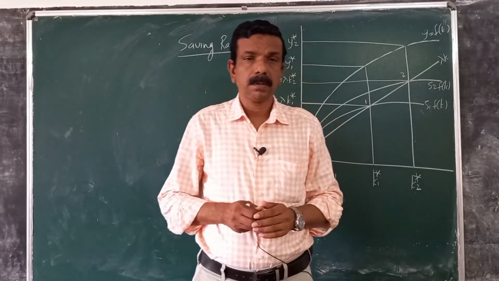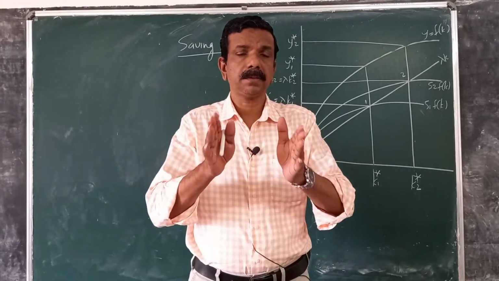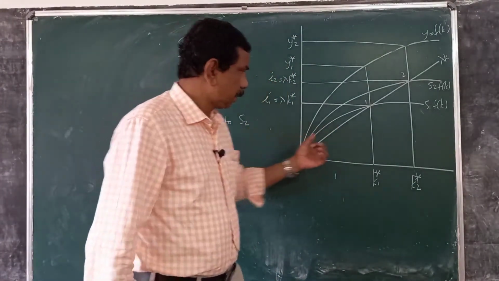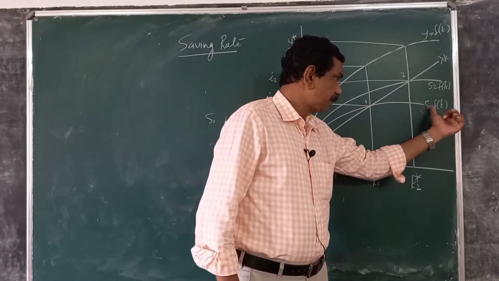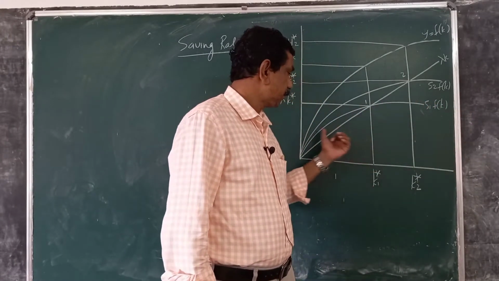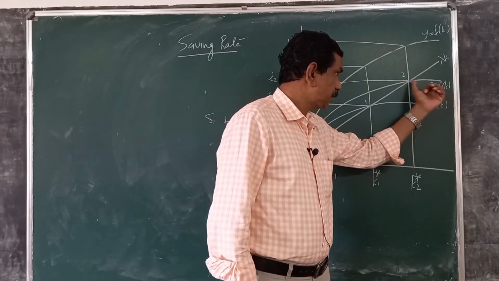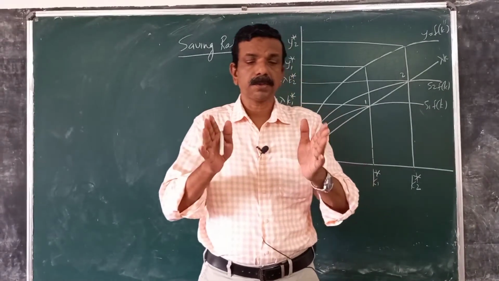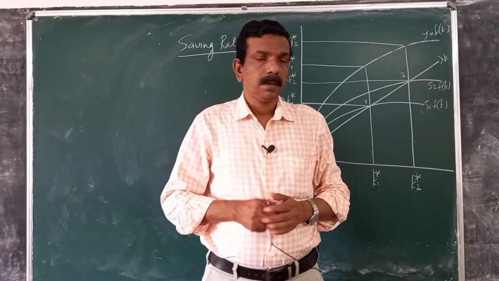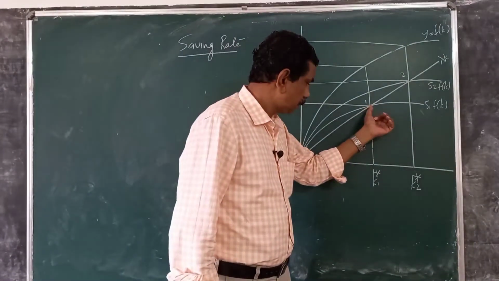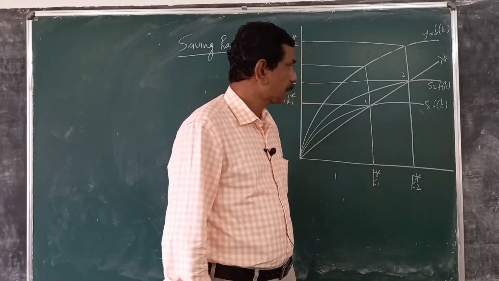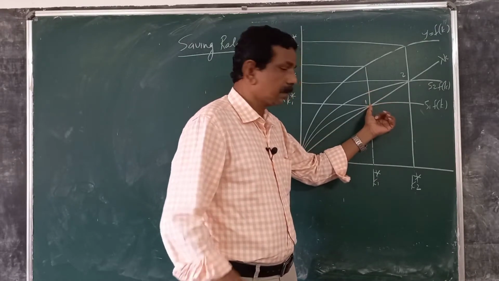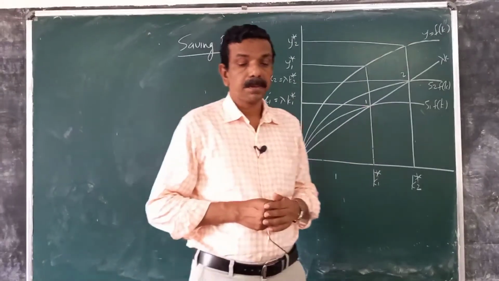Now, if consumers decide to save more, then the savings function S1Fk shifts from S1Fk to S2Fk. Now at initial K by L, K star 1, as you can see, saving or investment per head exceeds depreciation per head.